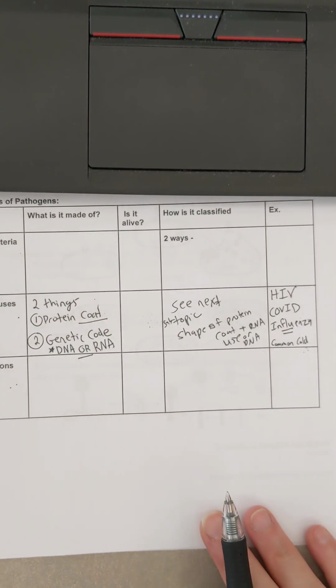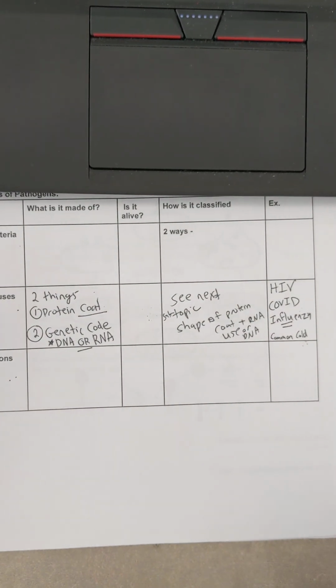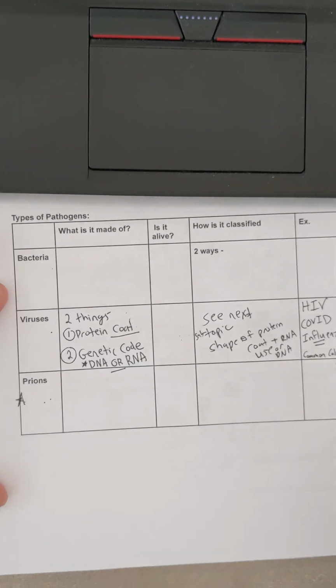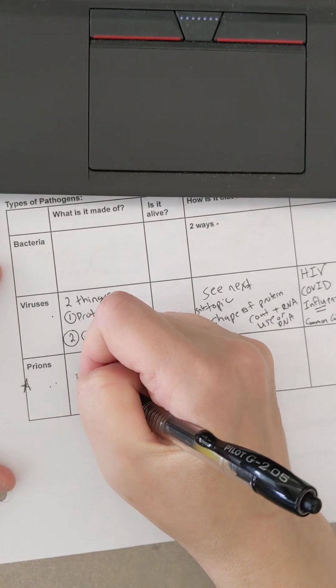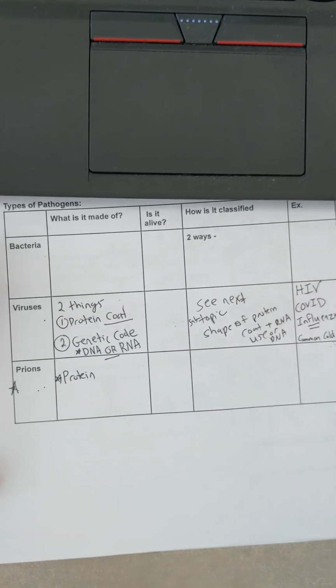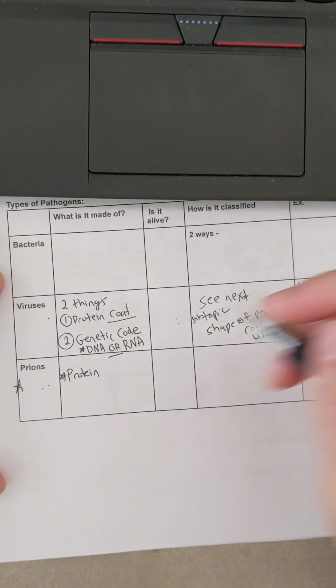So, moving on to prions. Prions are made up of actually just a protein. That's it. They don't have any genetic code. But here's what's crazy.